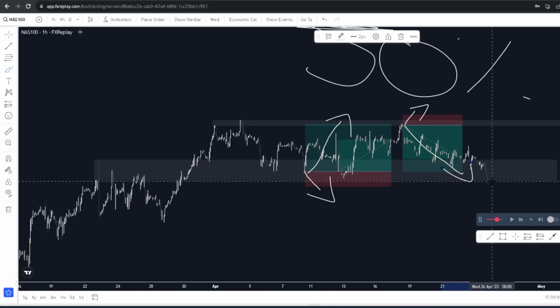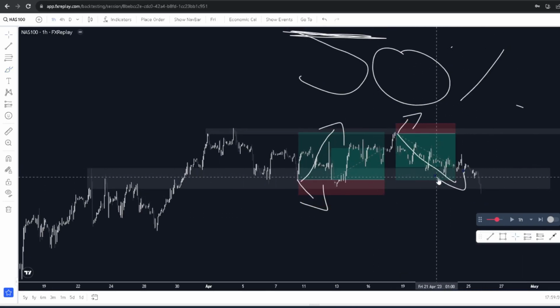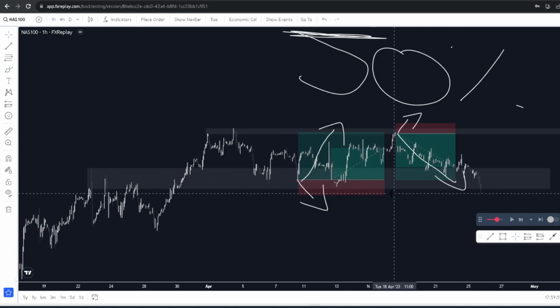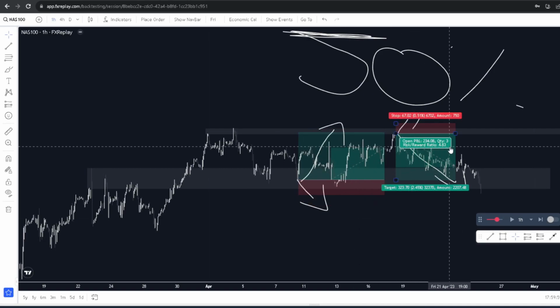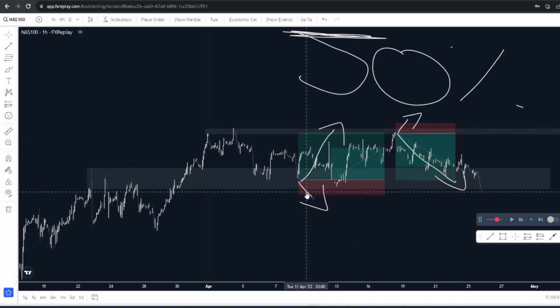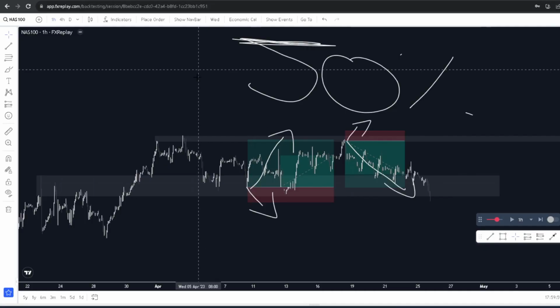It is that simple. There's no magic formula. All you need to know to be profitable is to make your winners a little bit bigger than your losers. You see here a 1 to 3 and here a 1 to 5. My take profit is a little bit bigger than my stop loss, which is how I can be profitable. And going from a random date with a random number generator, it is that simple.